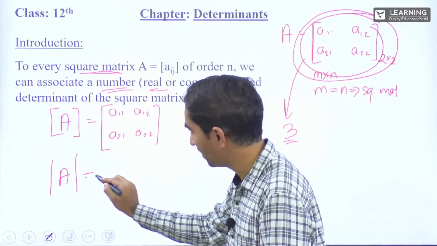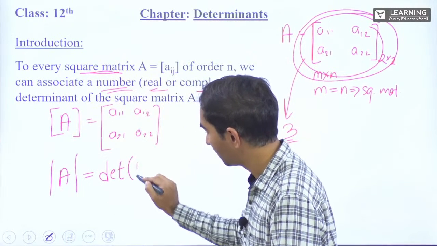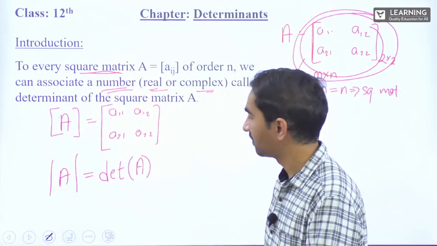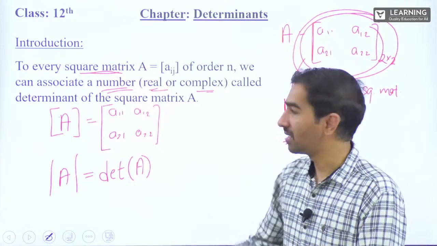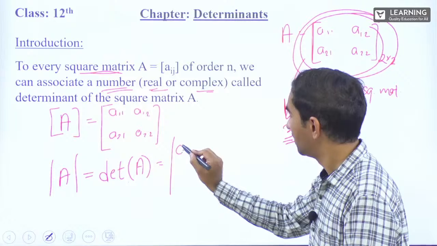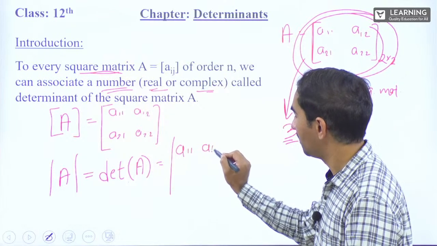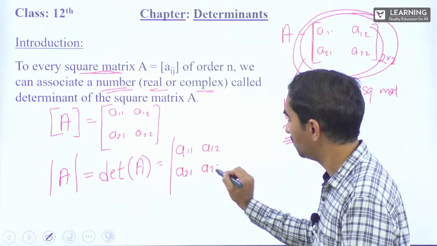Determinant of A, or sometimes we also use det of A. Both are used to represent the determinant of a matrix. And how are the elements written inside the determinant? Again, within straight lines: A11, A12, A21 and A22.